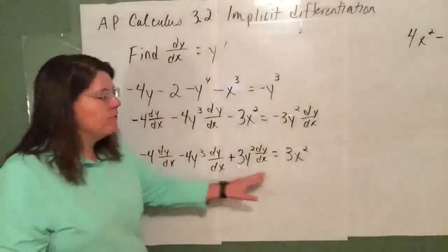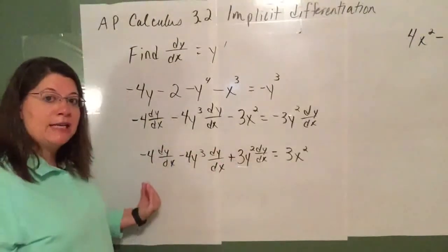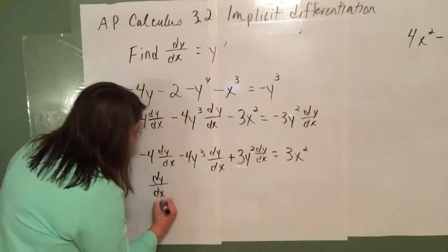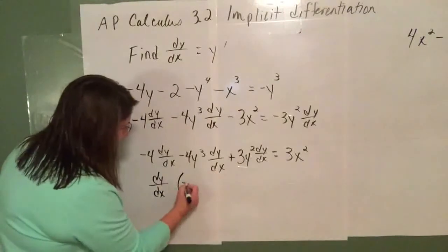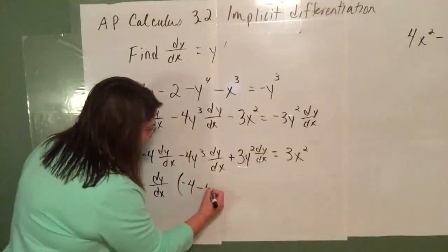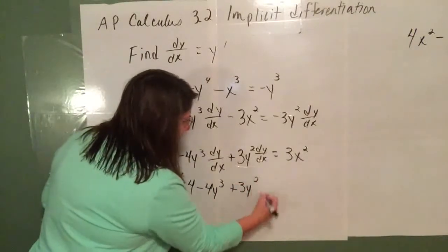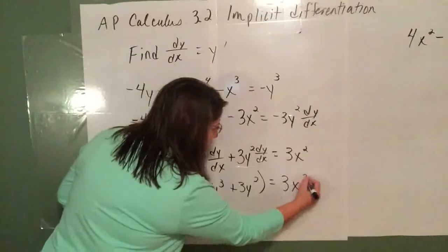Now, all my dy over dx terms are on the left. I could factor that dy over dx out. So I'm going to use a little bit of algebra here. When I factor that out, the terms that are left are negative 4 minus 4y cubed plus 3y squared, and that equals 3x squared.